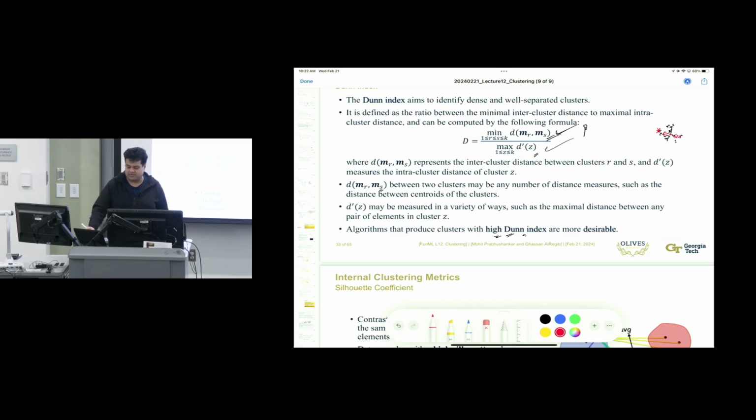Again, if you're asked what the Dunn index is, this is the default you can take. Otherwise, you'll be given what kind of distances you need to use in order to calculate these values. If it's max distance, you should remember the L0 norm, the L infinity norm, those are the things that we are looking for essentially.